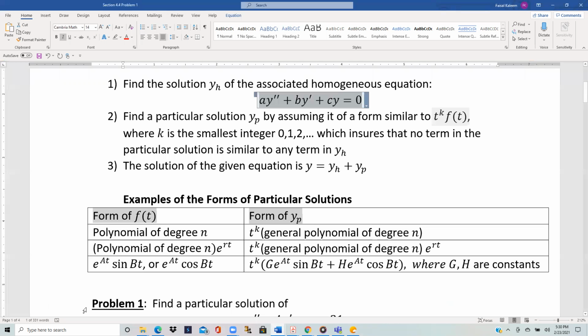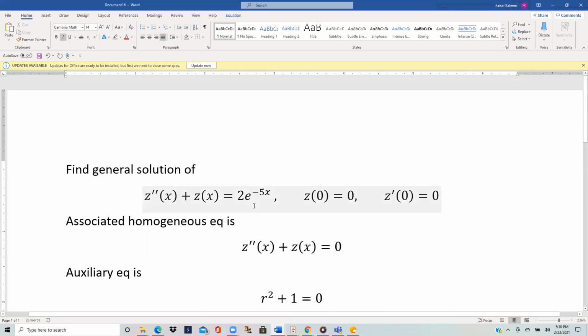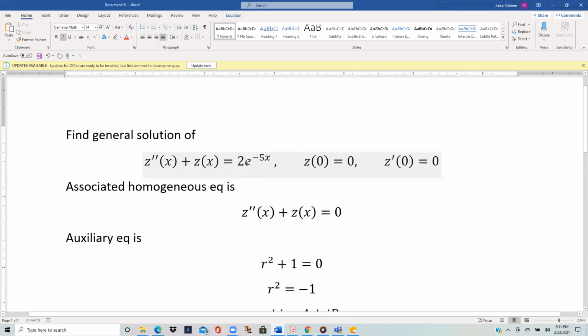YP would be equal to, since this is 2e to the negative 5x, in general it would be k e to the negative 5x.